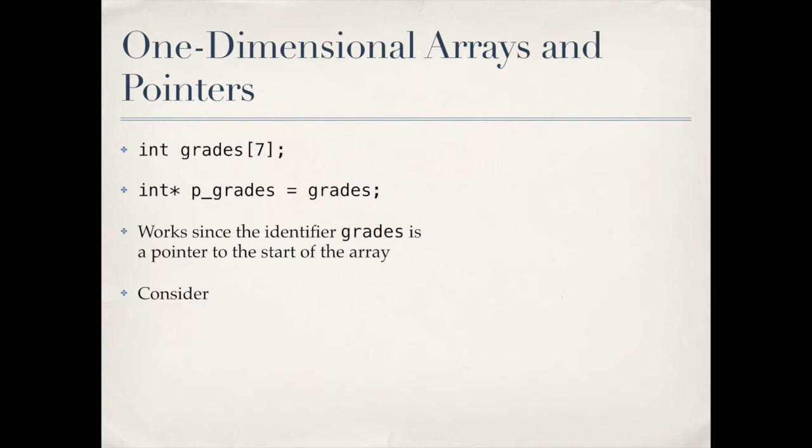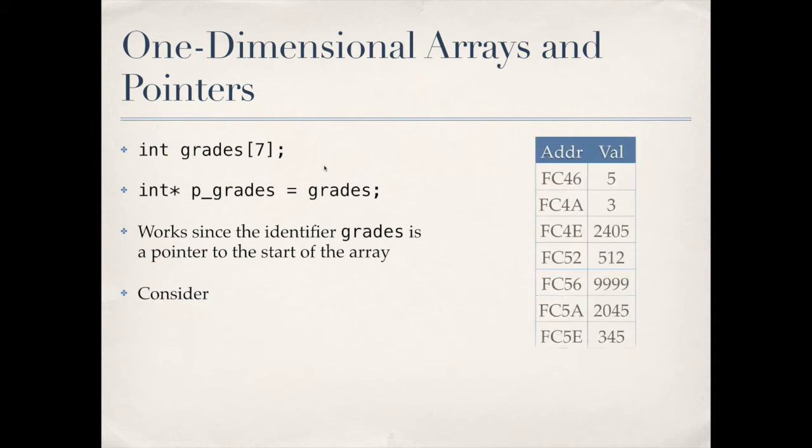And this has to work because we already have seen several times that grades is the array, and an array specifier is nothing else but the address of the first element of the array. So these both variables fit together.